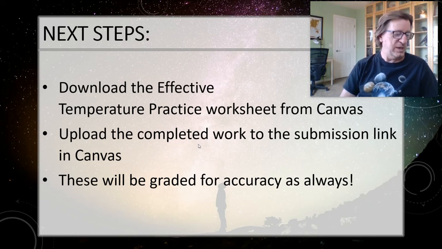So based on the water phase diagram, it says, does Earth have the right temperature for liquid water? Based on the water phase diagram, not based on your own experience necessarily, based on what the water phase diagram comes into play. And then there's something that the effective temperature is not including. See if you can figure that out. And if you're stuck, come by Live Help and we'll talk about it.